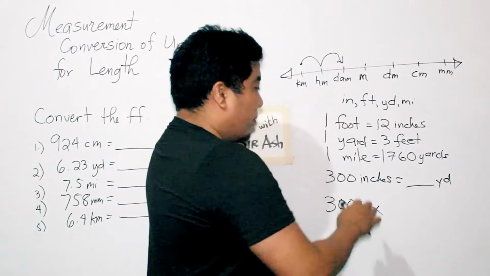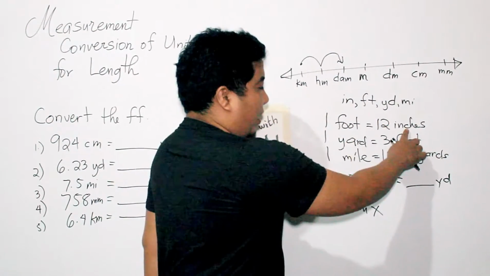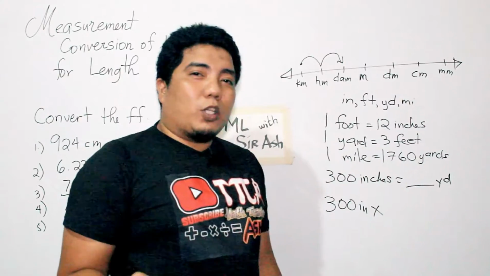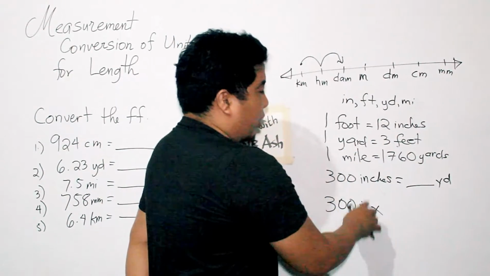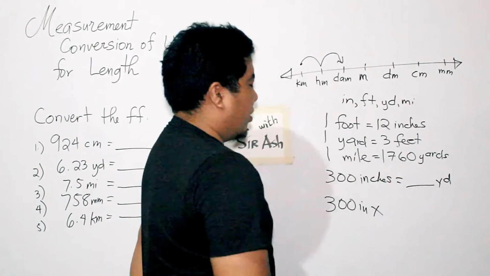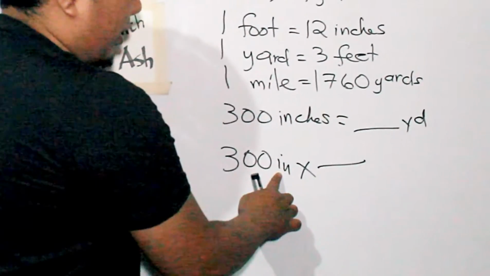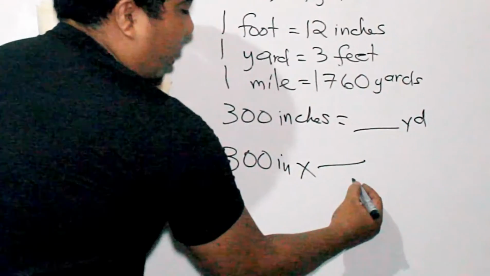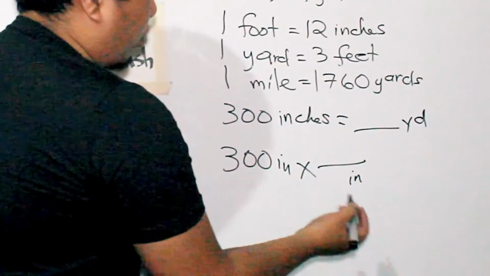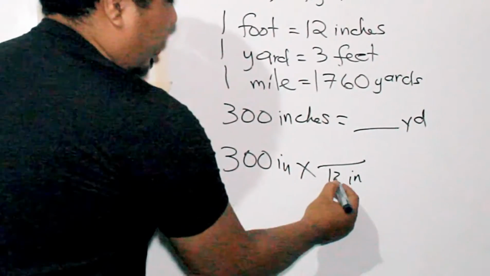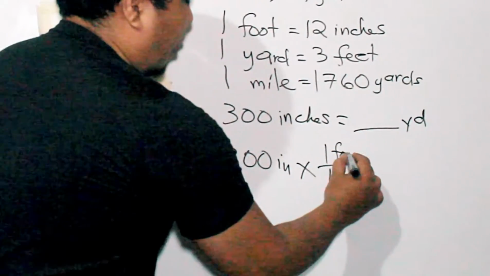We don't have one, so you multiply it step by step. You change this first to feet and then to yard. Since our inches is in the numerator side, the inches for the conversion should be in the denominator side. And that will give you 12 inches to 1 foot.